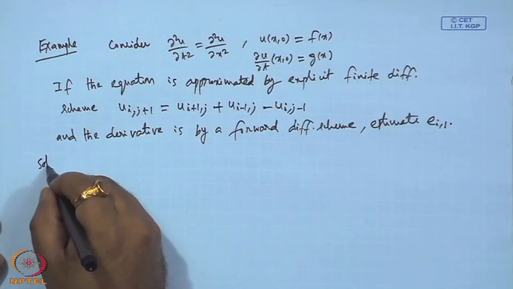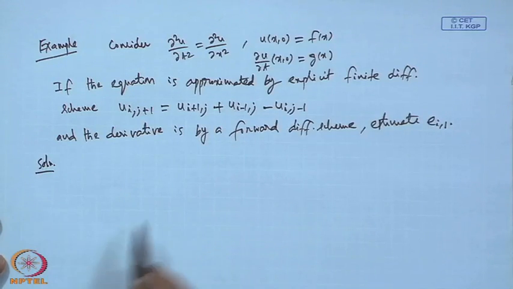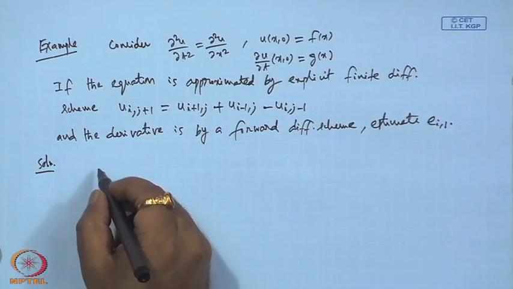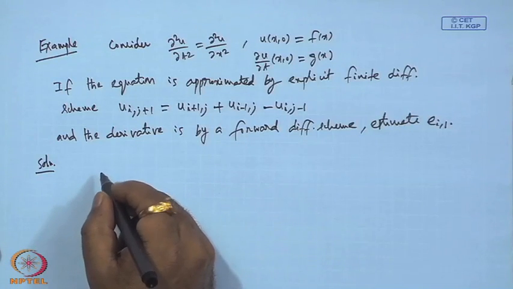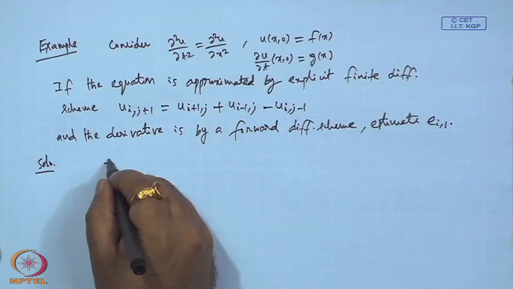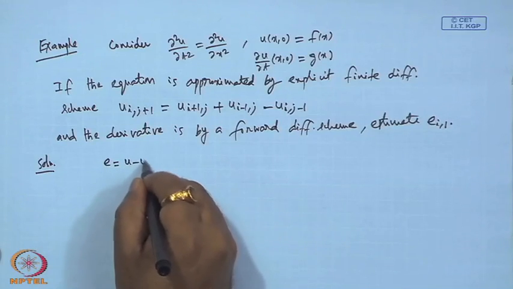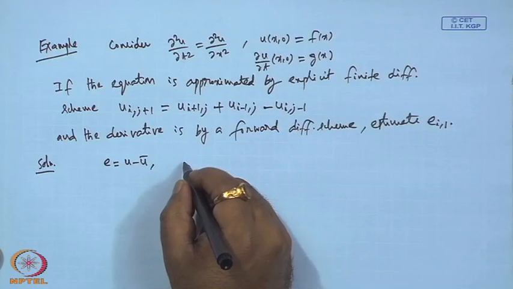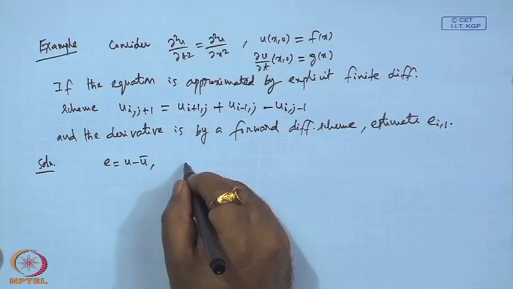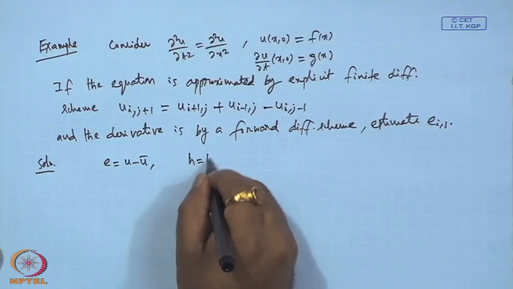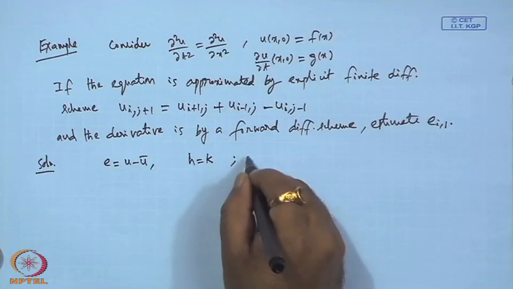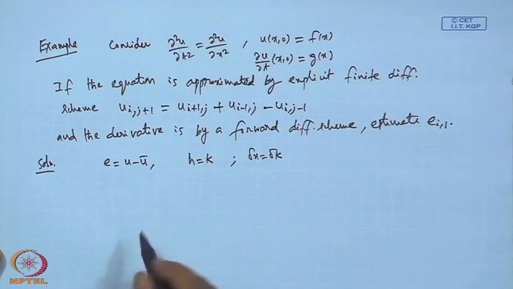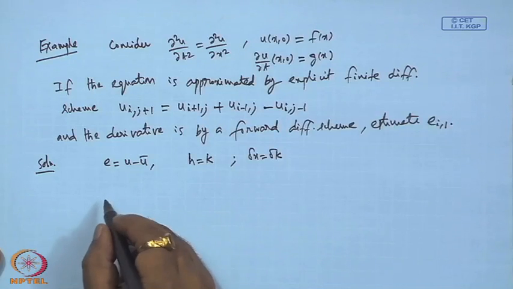So, I will briefly discuss how to approach this problem. Okay. So, we have E, this is the notation we are following, and consider h equals k, that is delta t equal to delta x. Okay.